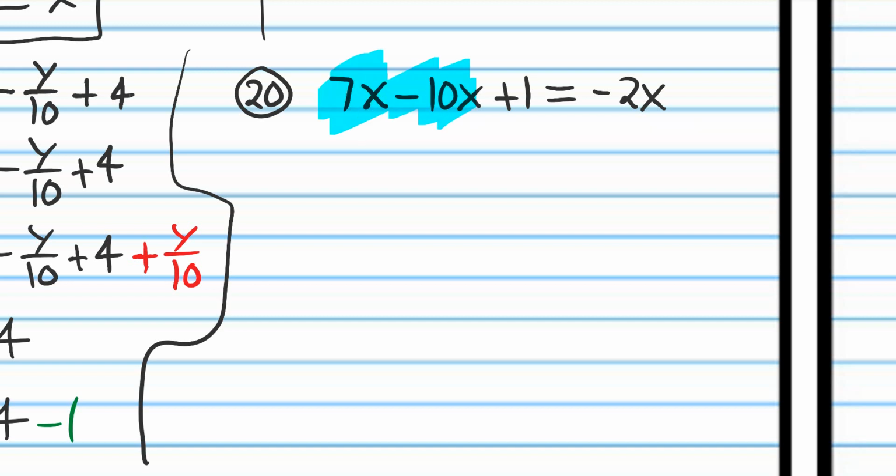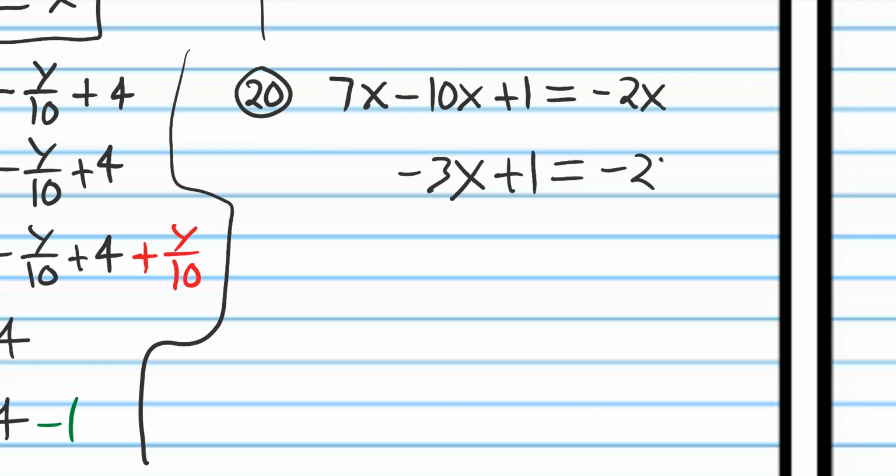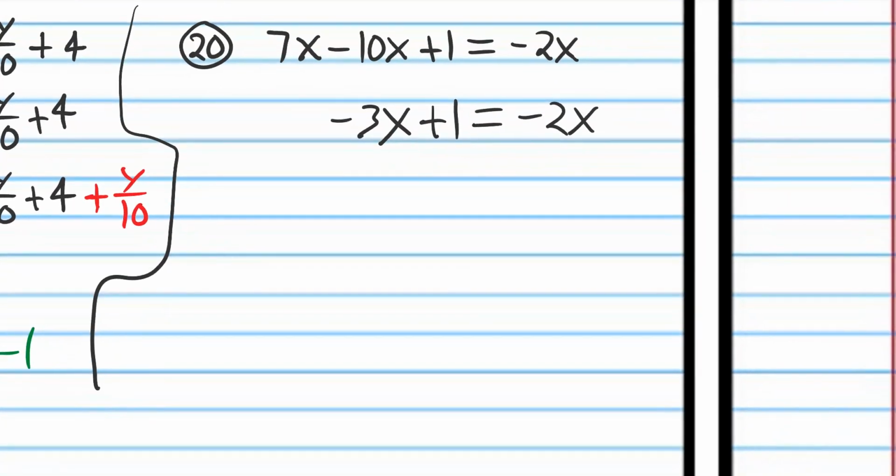7x minus 10x is negative 3x. And now we just have to get all the x's on the same side. So what I'm going to do is put all the x's on the right side, which means I have to perform an operation on both sides of the equation.